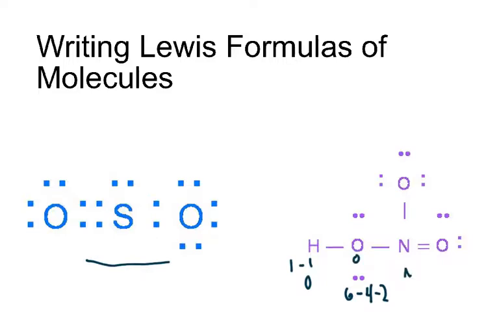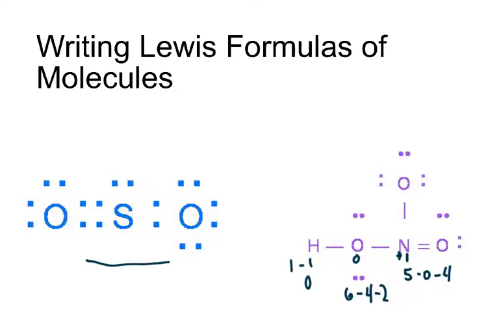My nitrogen came with 5 electrons. Then it does not have any lone pairs, and it has 1, 2, 3, 4 bonds, 8 electrons, it gets half of them, so 4. So my nitrogen has a formal charge of plus 1.